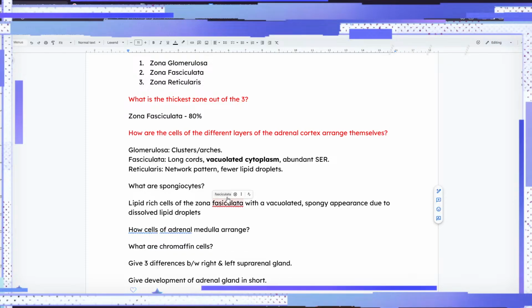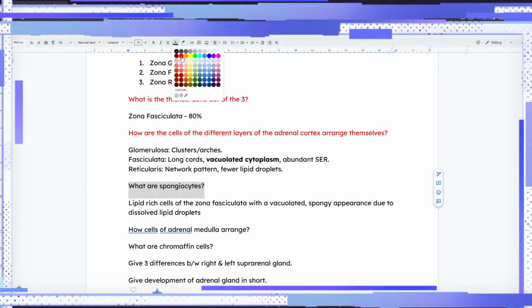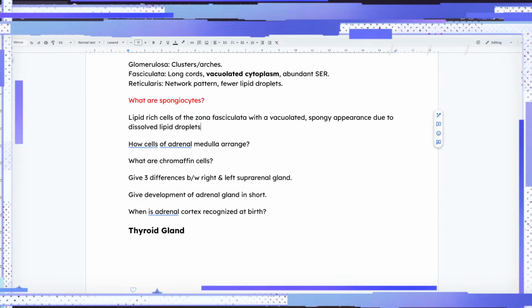Right, that's what it is. They have the cortisol. Cortisol is released from here; since it is the zona fasciculata, it will release cortisol. Fair enough, right? Okay, we're good.